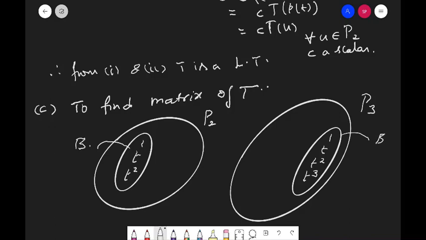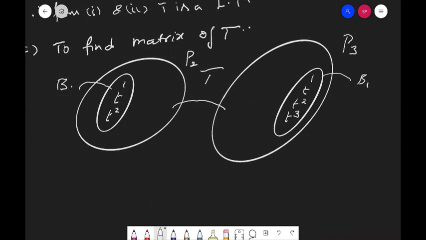This is B and B1. Now we have T as a transformation from this. So what is the procedure to find the matrix of a linear transformation? To find the matrix, the first step is to take the bases.